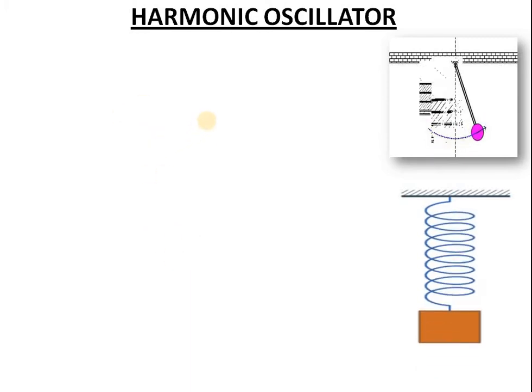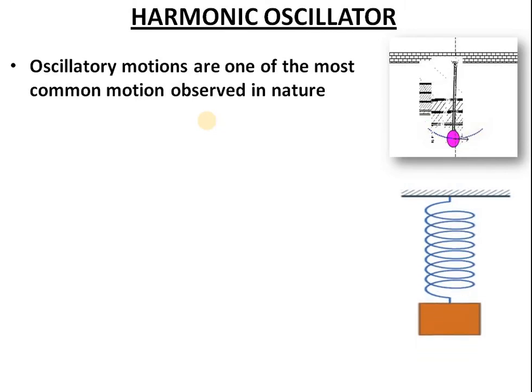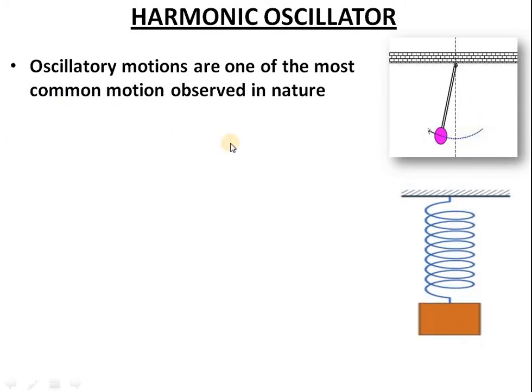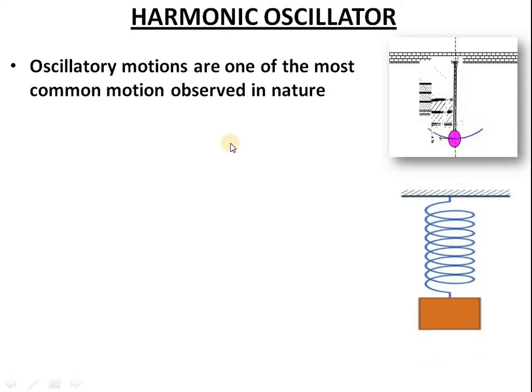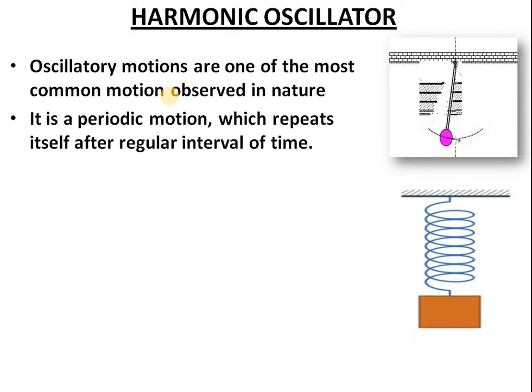So first, oscillatory motion. In day-to-day life we come across so many oscillatory motions. There is no shortage of examples, starting from the oscillation of a pendulum, which is a kind of periodic motion. Why is oscillation a periodic motion?